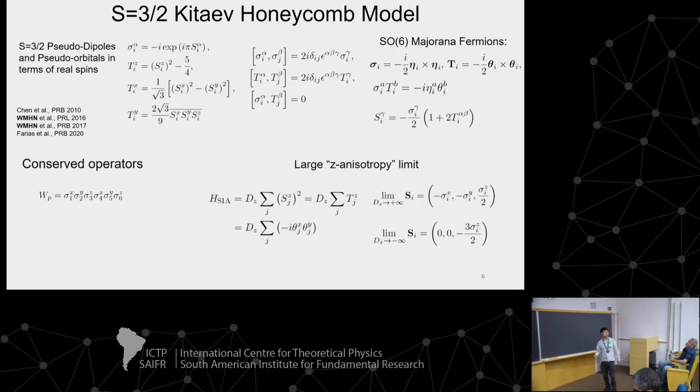So in this limit, your spin 3/2 Kitaev model behaves as the spin 1/2 Kitaev model for these pseudo-spin variables. So we have a control parameter when we are going to do the phase diagram that we did before.